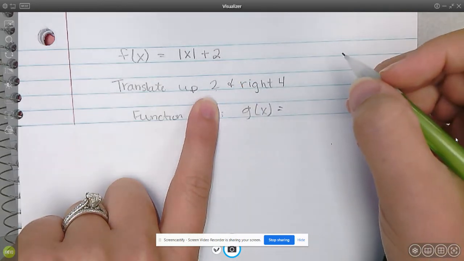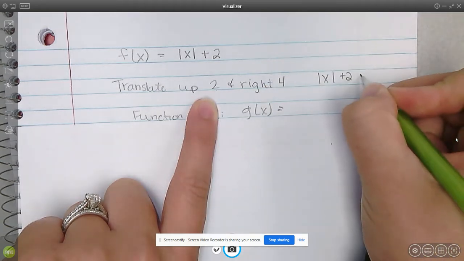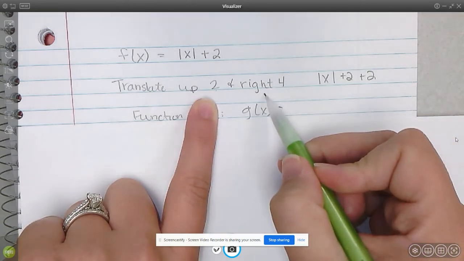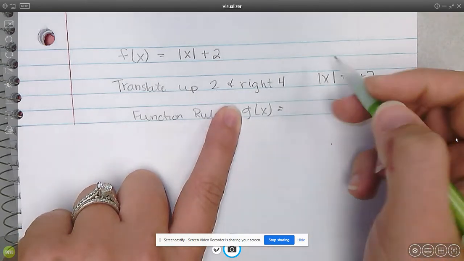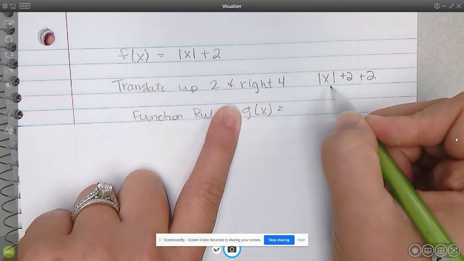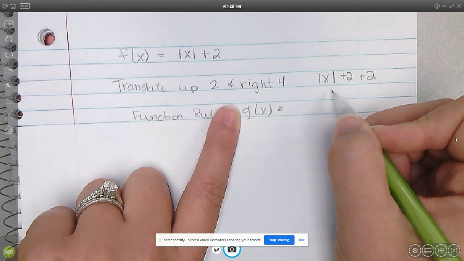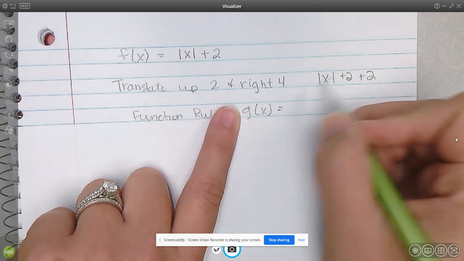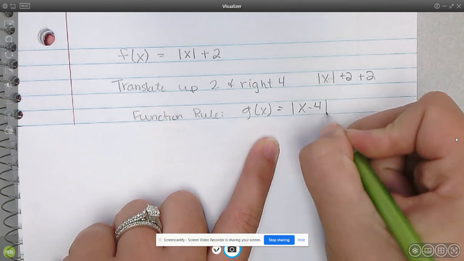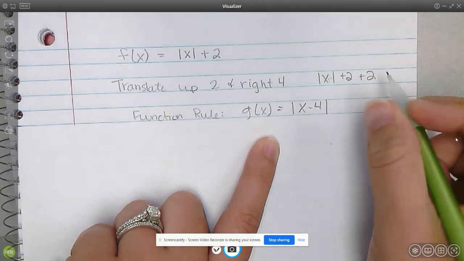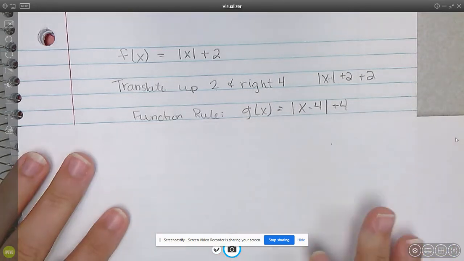So we have plus 2, and then up 2, so plus 2. And then we have right 4. Remember, left and right, you go inside your parentheses, or in this case, inside of your absolute value bars. If we're going right 4, you're going to do the opposite of what you would think, and we're going to subtract 4 in here. So we're going to have x minus 4 in your absolute value bars, and then 2 plus 2 is 4, so plus 4. So that's our new function rule.